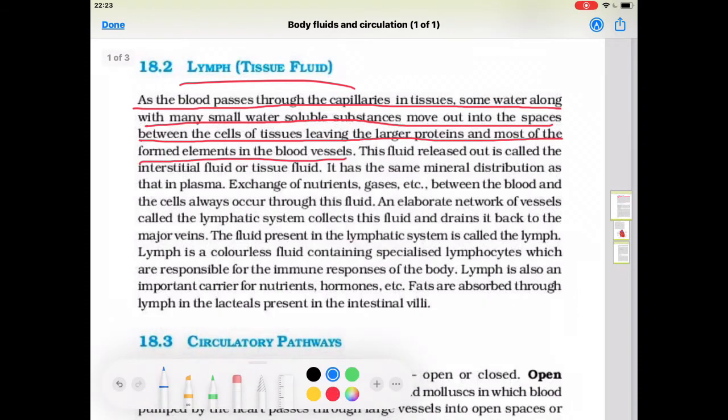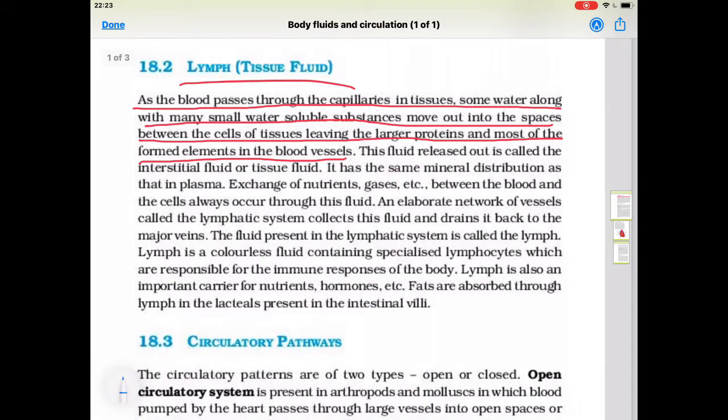So near the tissue region, from the capillaries, some liquid which consists of mainly water and small water soluble substances comes out in the tissue region, and this is known as lymph. But larger proteins and blood cells, which are larger in size, can't come out from the wall of the capillaries. This fluid released out is called the interstitial fluid or tissue fluid or lymph.